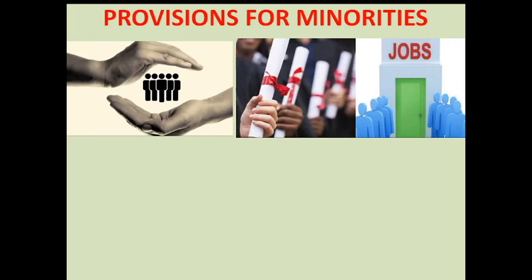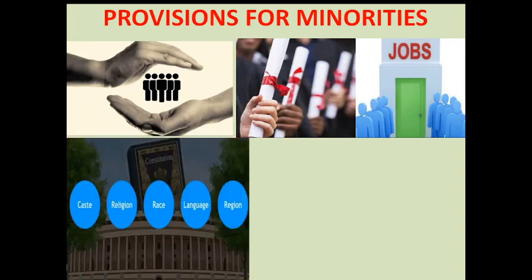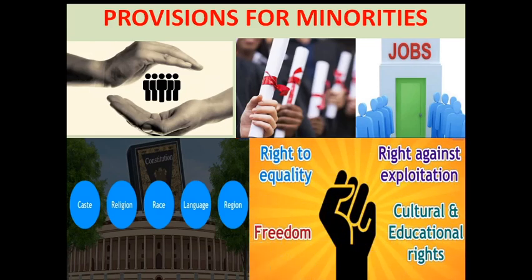The Constitution has prohibited any form of discrimination on the basis of caste, religion, race, language, and region. And for protection of rights of minorities, the Constitution has adopted various measures like right to equality, freedom, right against exploitation, and cultural and educational rights.